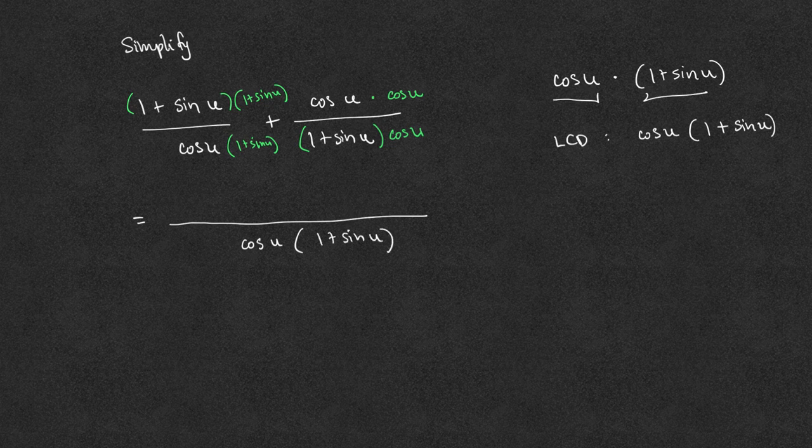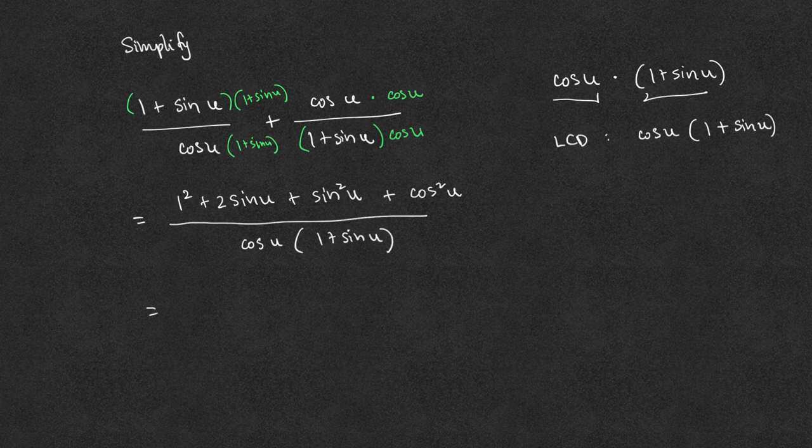In the numerator, 1 plus sine of u times 1 plus sine of u is 1 squared plus 2 times 1 times sine of u plus sine squared of u, plus cosine of u times cosine of u, which is cosine squared of u.